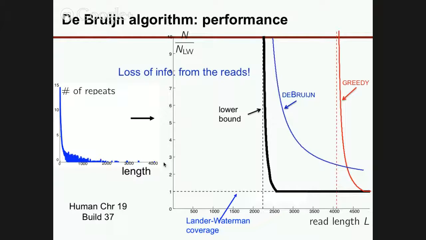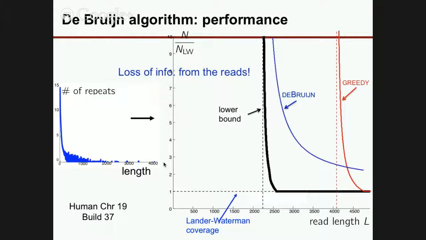I'm losing information. Why? Because these k-mers actually come from a longer read. If I throw away the original reads, I no longer know that they belong to the same place. So that's why there's a gap there, and the gap comes from loss of information from the reads.